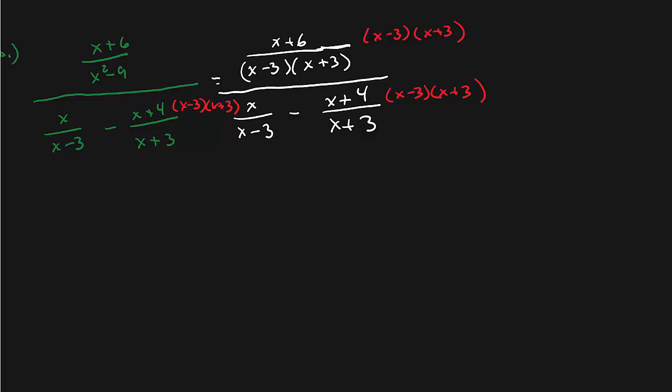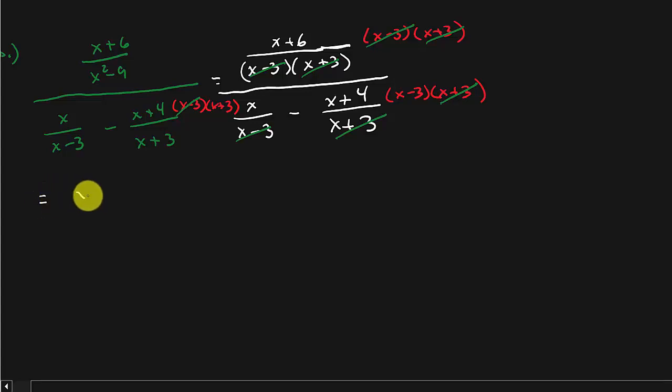So look at this. What cancels? Well, they both cancel here, don't they? Here the x minus 3's cancel. Here the x plus 3's cancel. So I'm left with what? X plus 6 over, see, those cancel. And I'm left with just the x plus 6. That's going to be what? X times x plus 3.